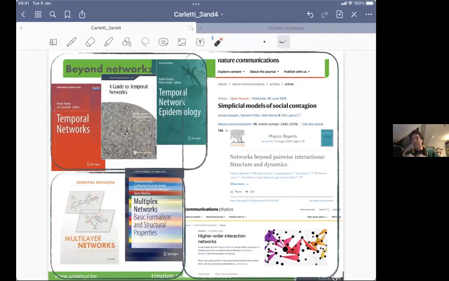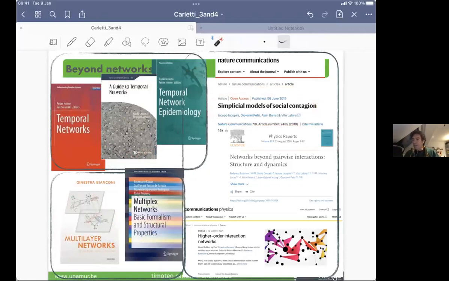This idea of high order structure has recently been expanded and studied in different ways. One way is the simplicial model. A simplicial complex is, in some sense, a triangle which is a 2-simplex, a pyramid which is a 3-simplex, and so on. So you have this regular structure with all these regular high order polyhedra.